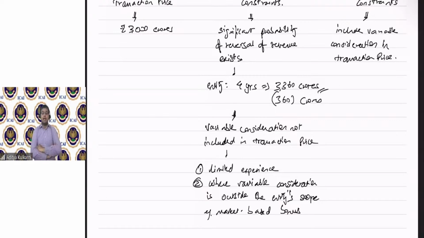And therefore, two possible constraints could be, one is limited experience, and the second is where variable consideration is outside the entity's scope. Then also you will not include it as a part of your variable consideration. Are we clear with this? Yes. Are we clear? Anybody has any doubt so far?